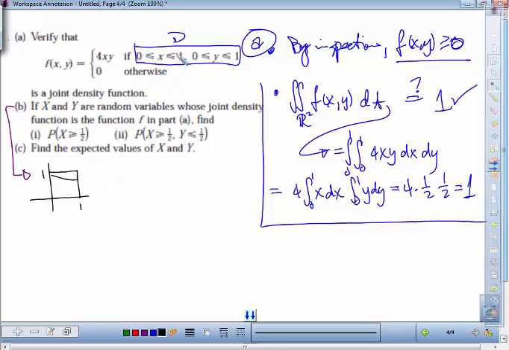This is the region where the graph exists, and everywhere else is equal to 0. So we only need to consider this as its domain. Now they're giving us more restrictions. To find this first one, the probability where x is bigger than 1/2, they're saying they don't care what y is equal to as long as x is bigger than 1/2.